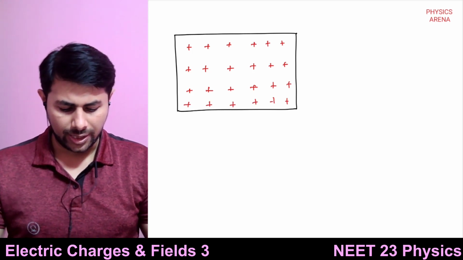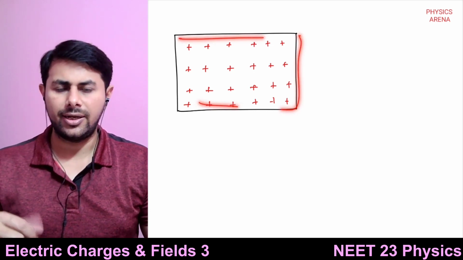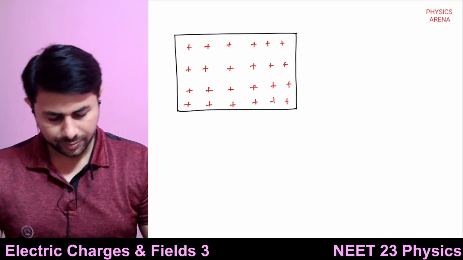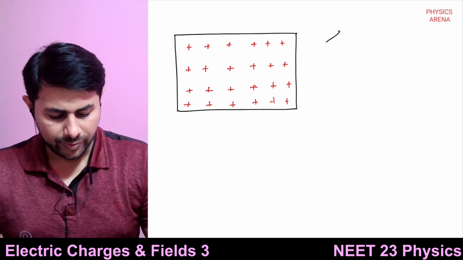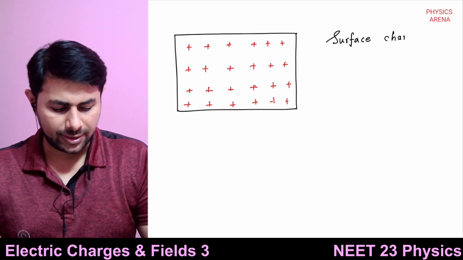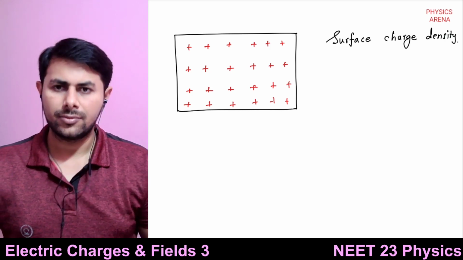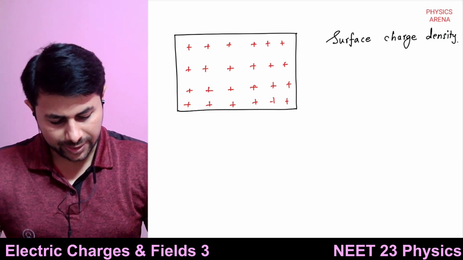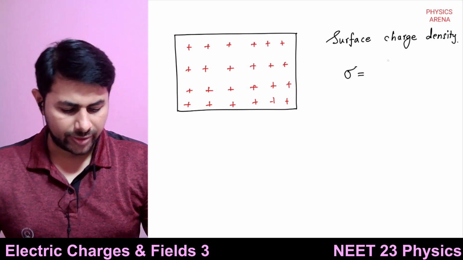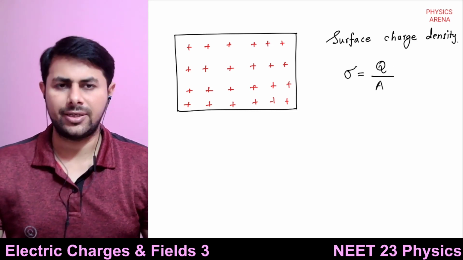Now see here the quantity of relevance is area. So we have to define a quantity called surface charge density. Surface charge density we denote by the letter sigma. Sigma is equal to total charge divided by surface area.